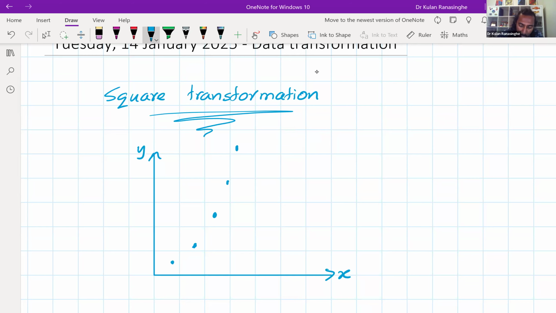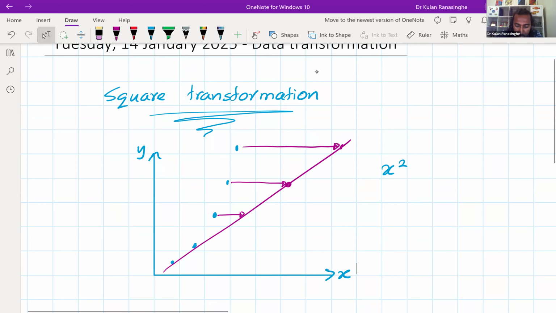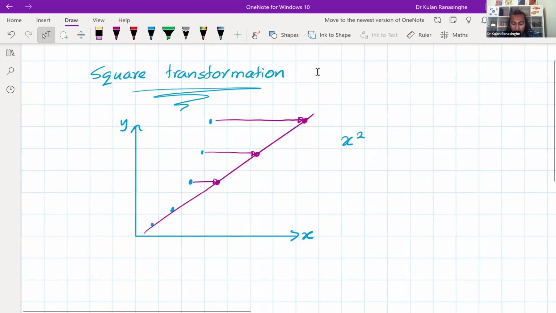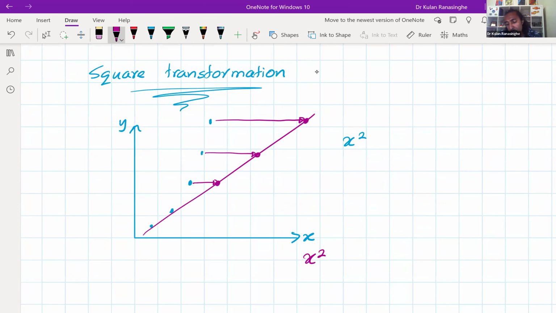Therefore, we apply the so-called x squared transformation. What would that do? That will square the x value. If I had a line there, it will square the x value and push these points to a point on this line, or rather get closer to that line, so that this new set of axes is now y against x squared.